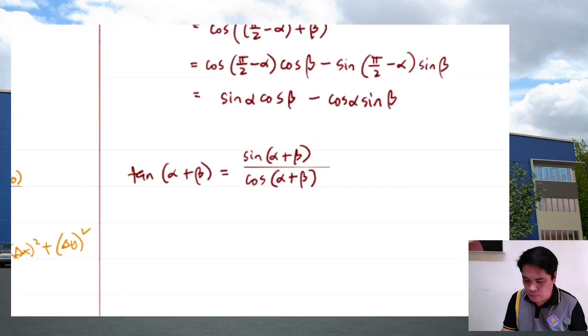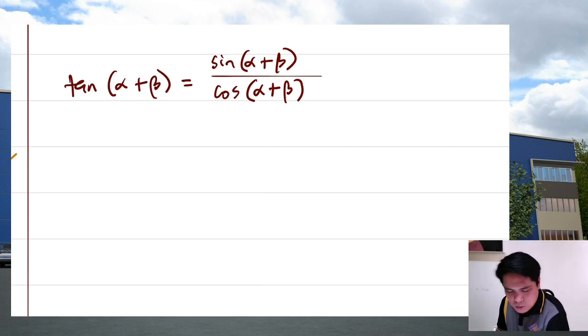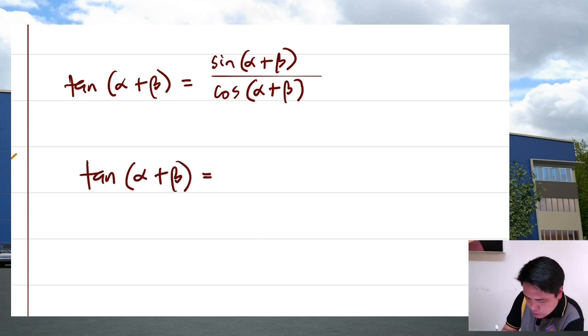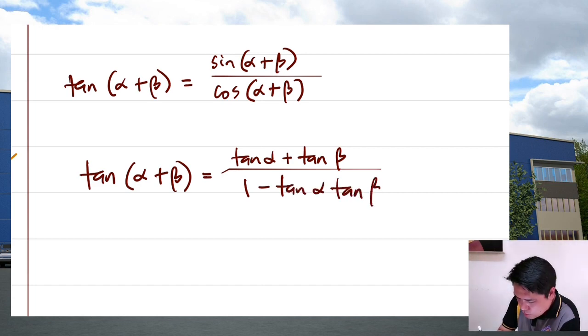Ayan. So, medyo tricky lang siya kasi that's complex fractions. But, to make this discussion short, I will just give you the formula for this. Tangent of alpha plus beta is equal to tangent alpha plus tangent beta over 1 minus tangent alpha tangent beta.